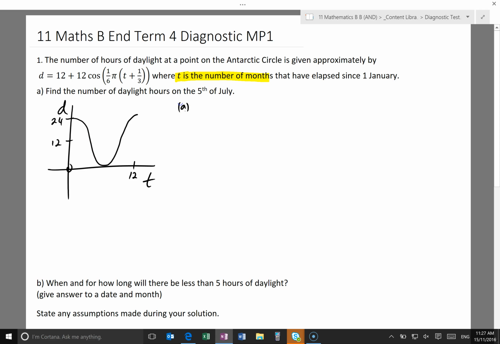So for part A, I'm really wanting to substitute in T equals whatever number month I'm up to. So I started at 1 January, so I'm going to February, March, April, May, June, July. So that's 1, 2, 3, 4, 5, 6 months.